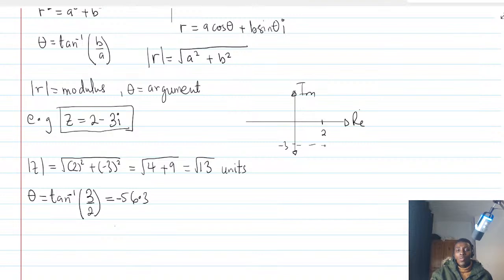So if you look at it carefully, you will see that the x component is here and the y component is here. So then our magnitude is somewhere here. And this is the reason why it is negative. All right.